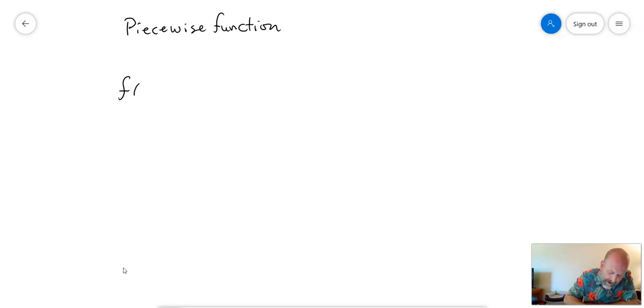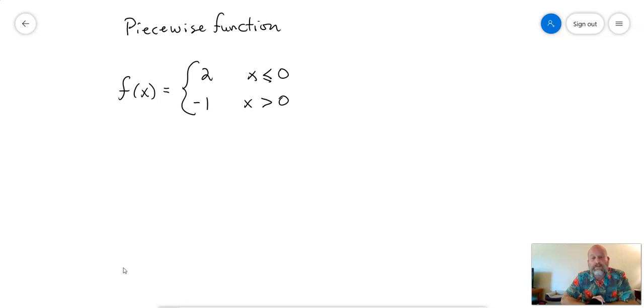Let's say I have f of x is equal to, and because it's more than one rule, we actually join them with these large set brackets, and we list each rule across here horizontally. So let's say this function is equal to 2 when x is less than or equal to 0, and it's equal to -1 when x is greater than 0.